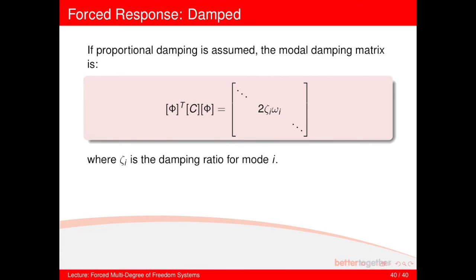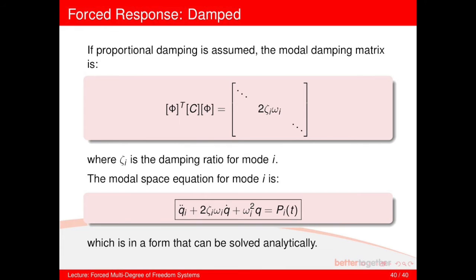Now, if it is the case where you've got proportional damping, then basically your diagonal matrix will be 2 zeta I omega I, where zeta I will be your damping ratio, okay? And so your equation for Q ends up looking like this, okay?